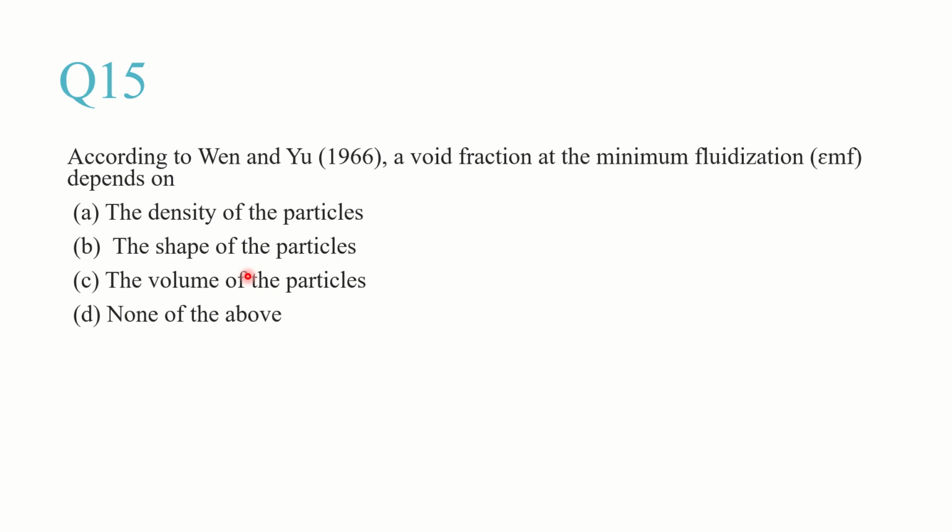When we are packing particles inside a bed, Wen and Yu is used when we are dealing with a dense packing. The void fraction is calculated from the packing fraction: packing fraction plus void fraction should be equal to 1.